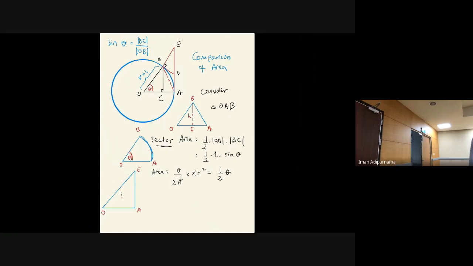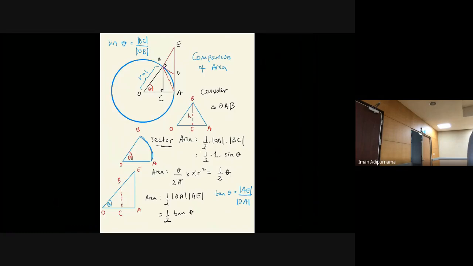All of these triangles share the points B and A. The area of triangle OAE is half OA times AE. From before, tangent theta is AE over OA, and because OA is 1, it equals AE. So the area is half tangent theta.